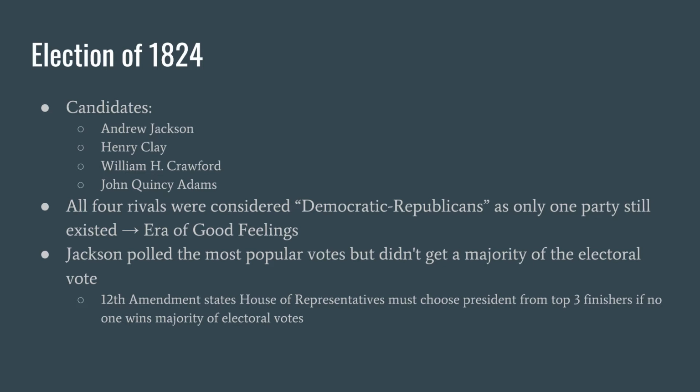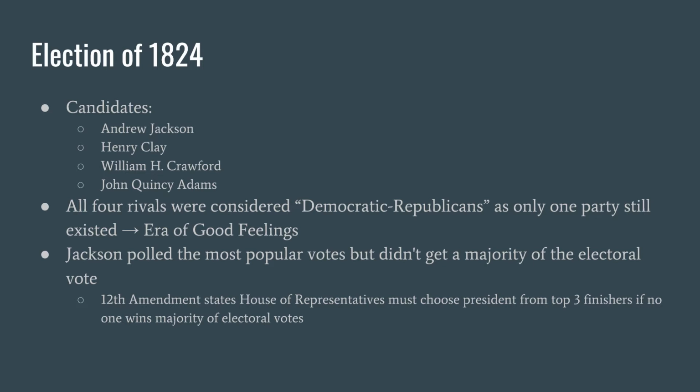In the election of 1824, we see 4 different candidates run for president: Andrew Jackson, Henry Clay, William Crawford, and John Quincy Adams.